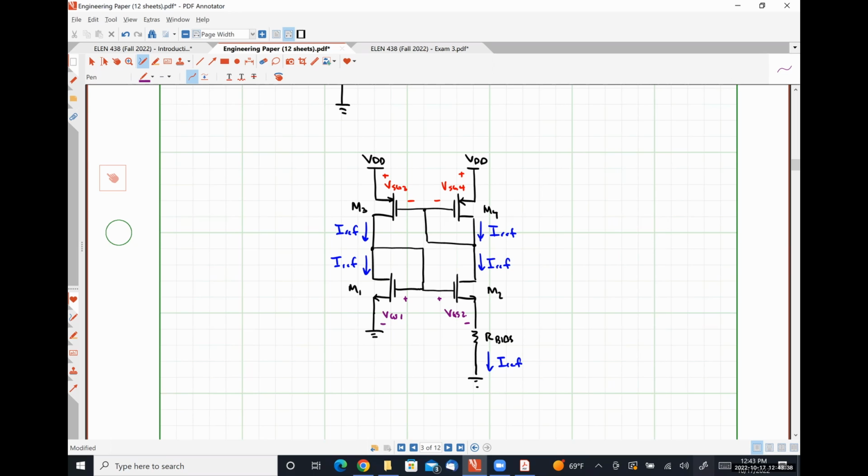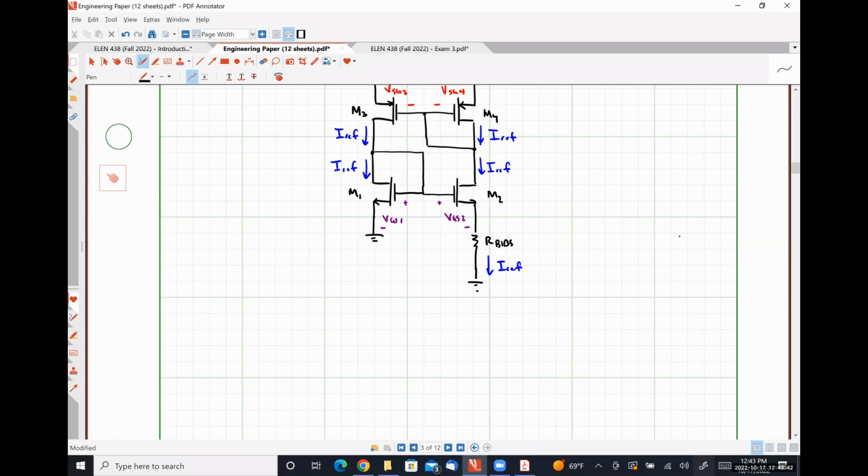Okay. So mathematically, we have the following case. VGS1 has to equal VGS2 plus our reference current times our bias resistance.